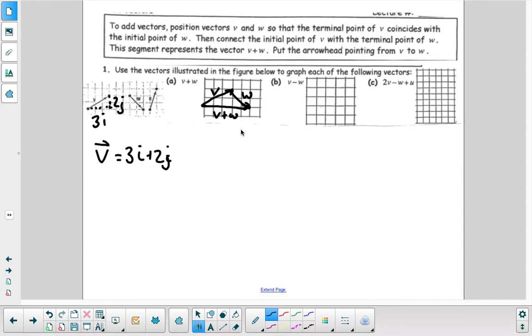Not too bad. If we wanted to write w, that is 2i and minus 2j, or plus negative 2j. So if I wanted to write this with numbers instead, v plus w is going to be 5i.